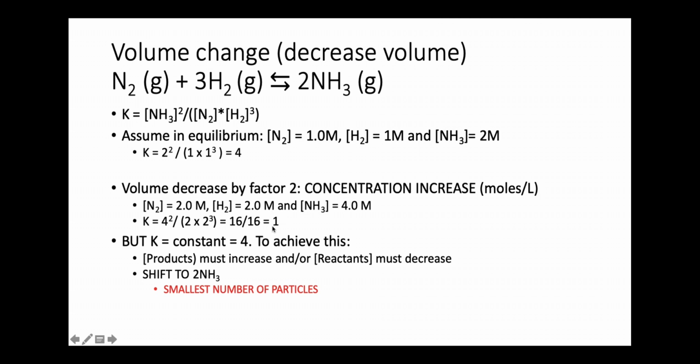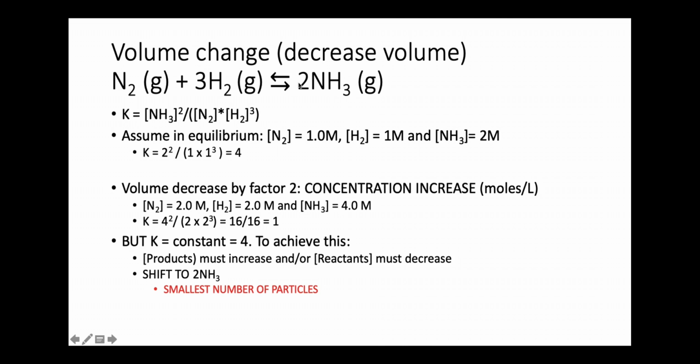So it has to get back to 4. How do I get that? There are two ways of doing that. Either my concentration of products must increase, because K is products over reactants. If I want to increase K from 1 to 4 again, I can increase my products or decrease my reactants. And now you can see I have to increase my products.